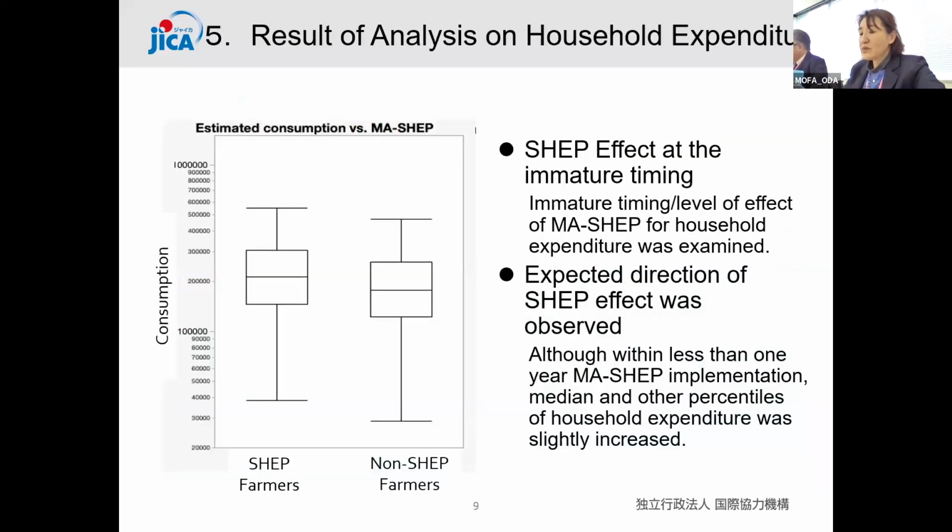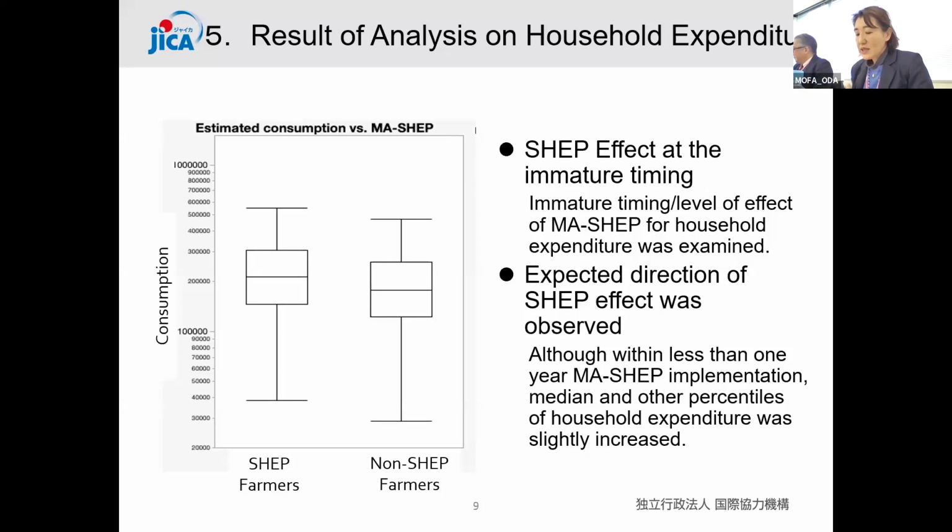And then based on such a SWIFT survey, I will summarize the findings, the result of the analysis of the household expenditure. The left side figures show the distribution of the household expenditure amount. Unit is the Malawi currency. And then on the left side is the distribution of household expenditure amount of the SHEP farmers.